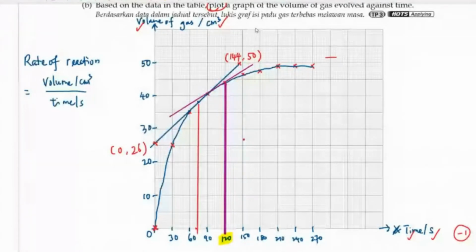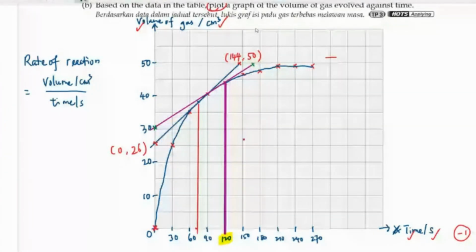Slightly like this. Okay, so roughly I put it here. Then I find this coordinate, and this coordinate.